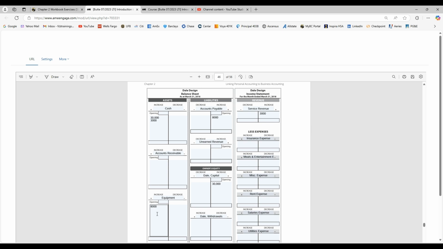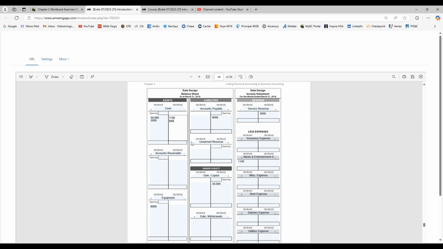Okay, we paid $1,100 cash for meals and entertainment. So we're going to put that on the decrease side of cash, and then we're going to record the $1,100 expense in our meals and entertainment expense account. Next, we paid insurance expense with $800 cash.